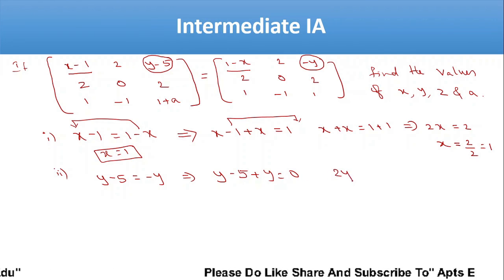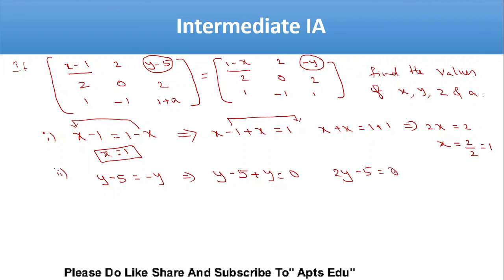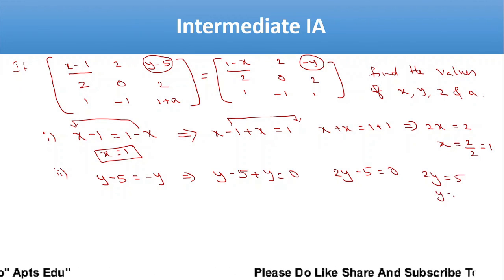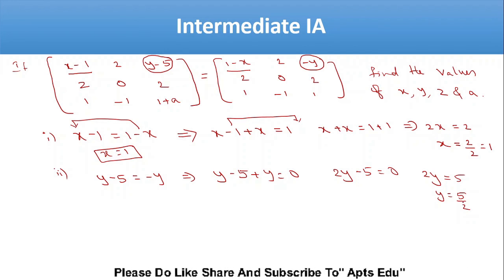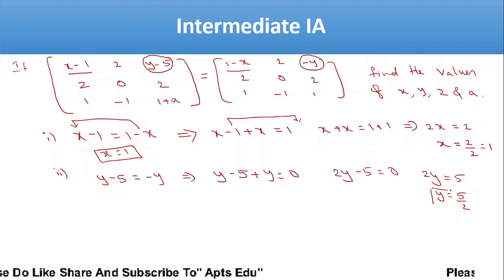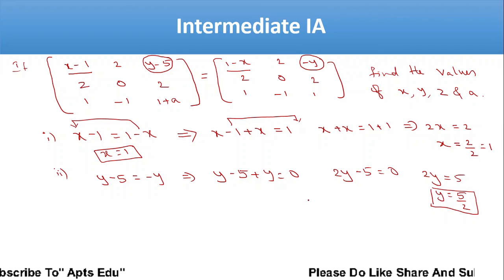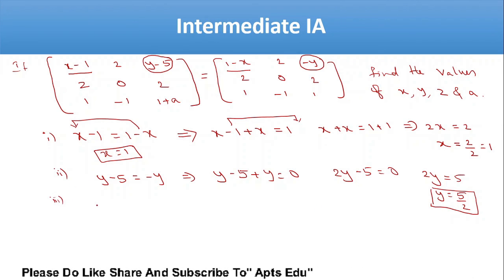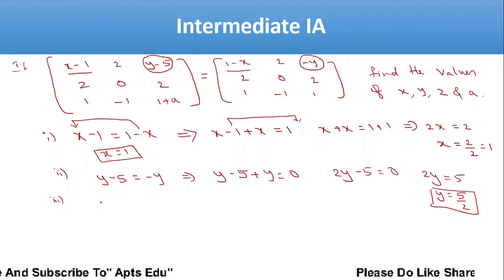So 2y minus 5 equal to 0, 2y equal to 5, y equal to 5 by 2. I hope you are able to understand. If you are not able to understand, comment in the comment section below so that I'll clear your doubts.